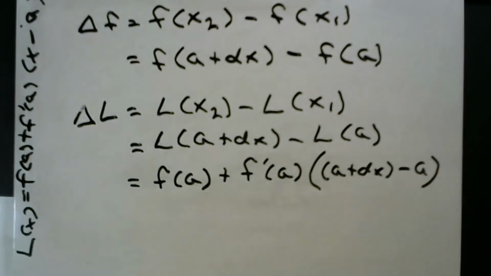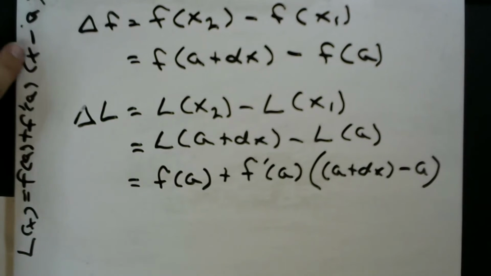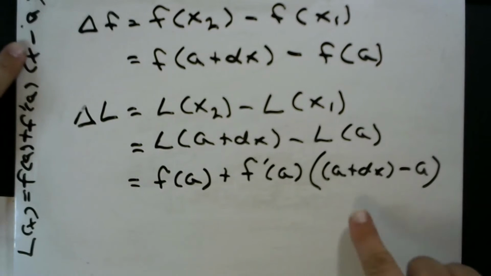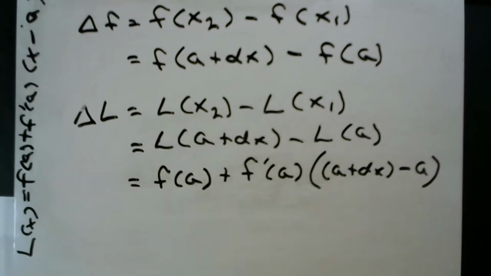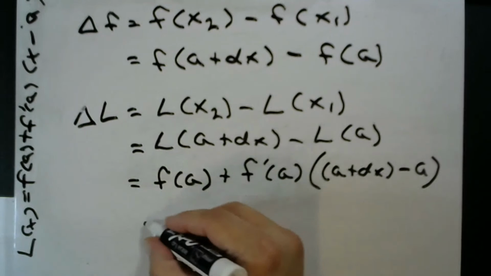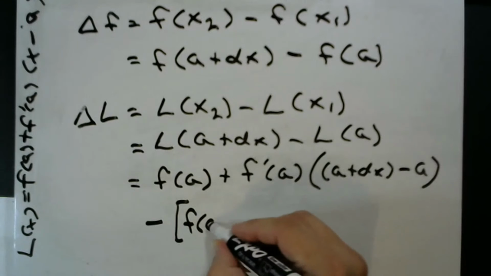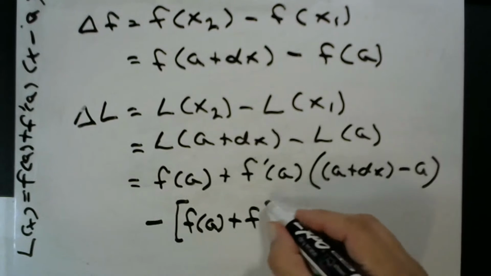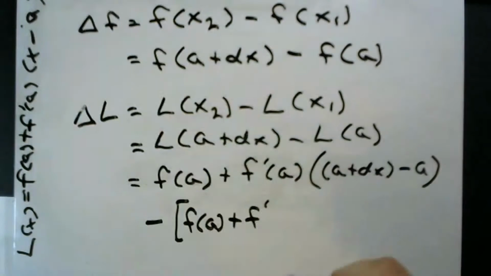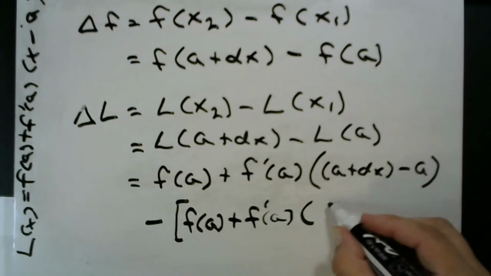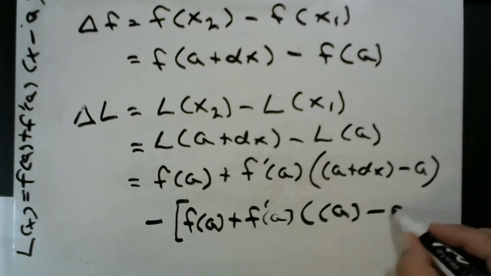So what that's going to mean is that we're going to make our substitution. We put a plus dx here, and that's what we've got, minus f of a plus f prime of a, again just following this, and then we substitute the a for x.